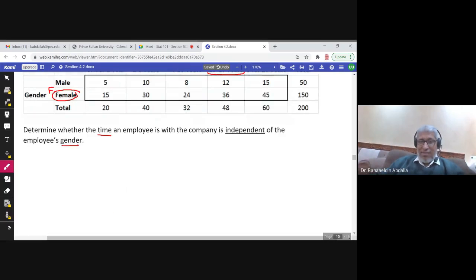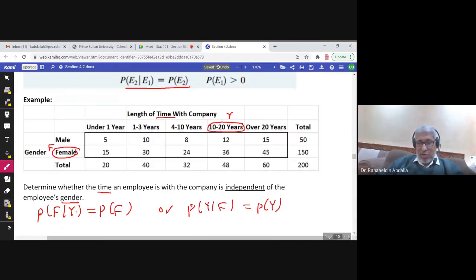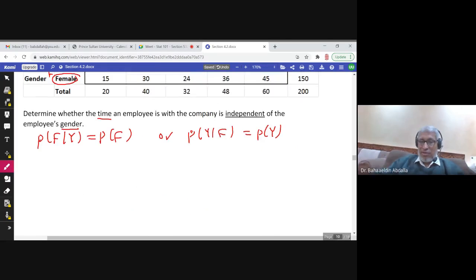So, for example, probability of F given Y should be equal to probability of F, or probability of Y given F should be equal to probability of Y. If you prove that this is true or this is true, then they would be independent. If this happens, then Y and F are independent, so gender and time would be independent, but we need to prove this.